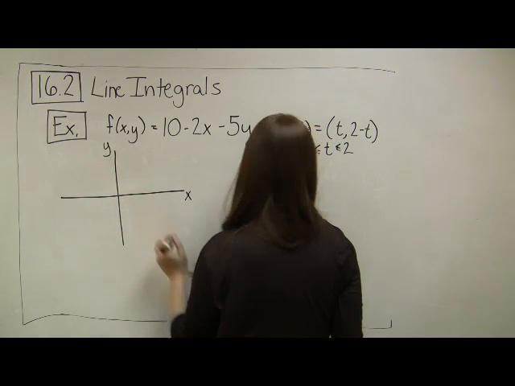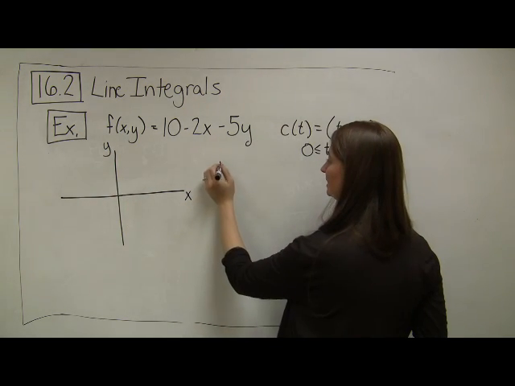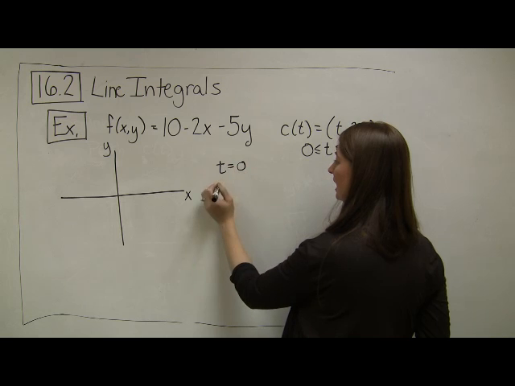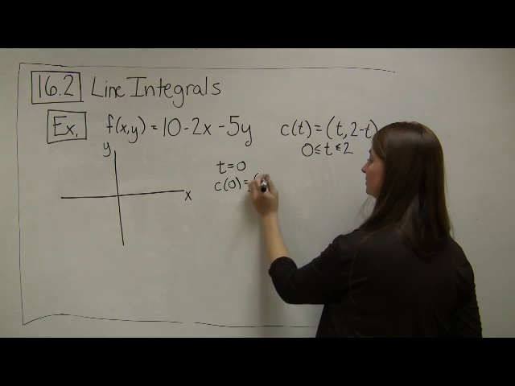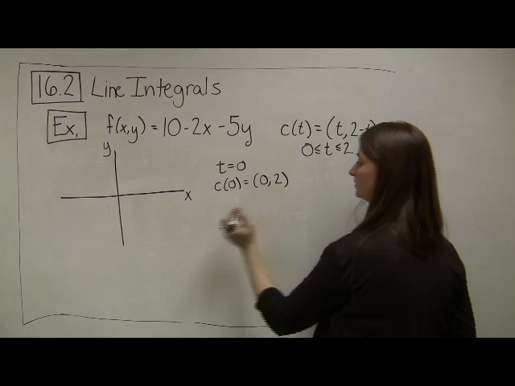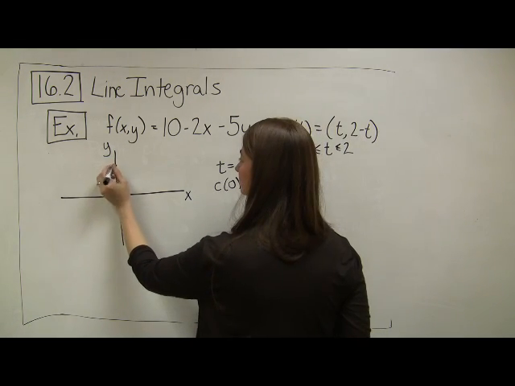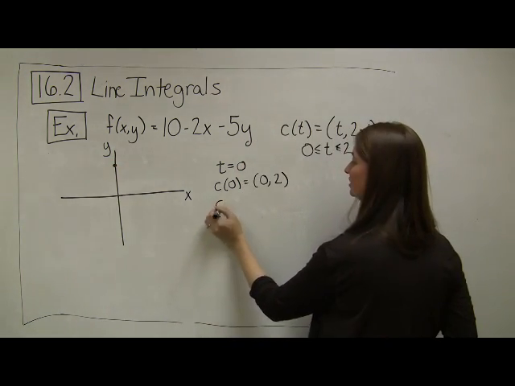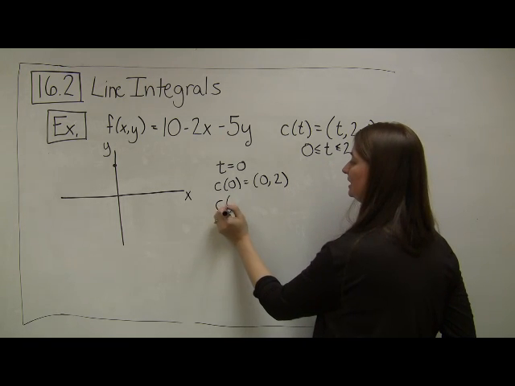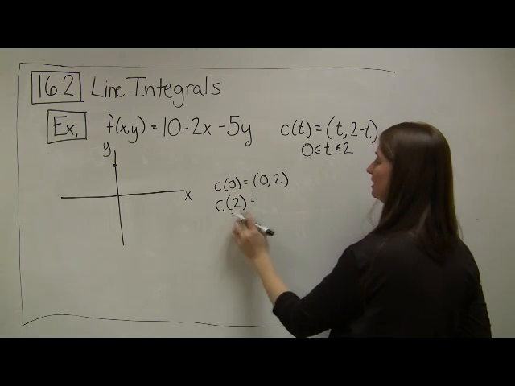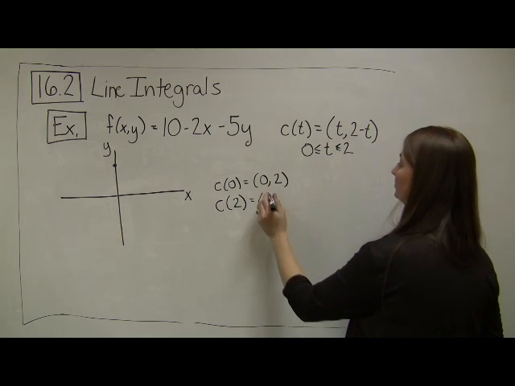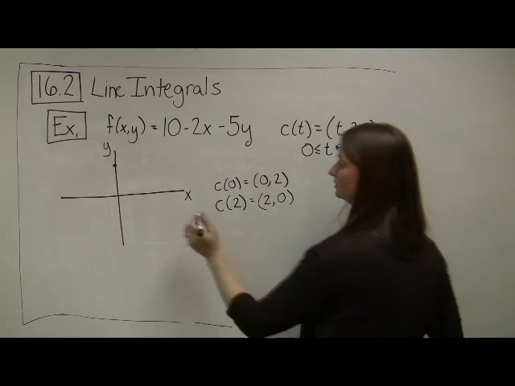So I see that when t equals 0, c of 0 is equal to 0, 2. And then my other endpoint, when t equals 2, I get an output of 2, 0.